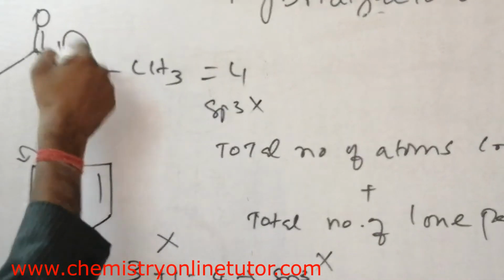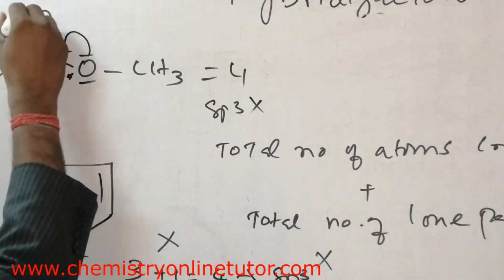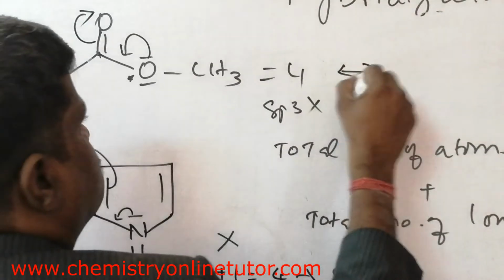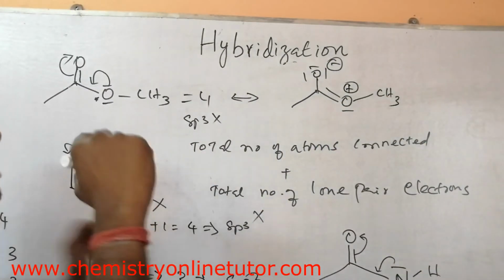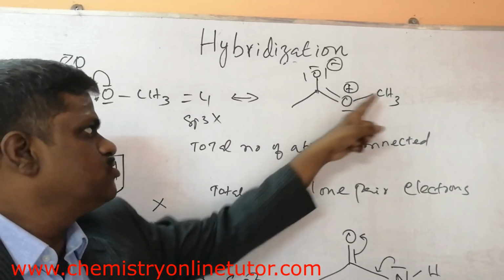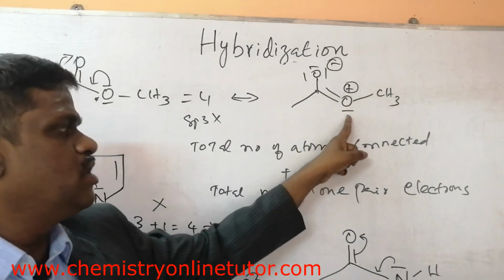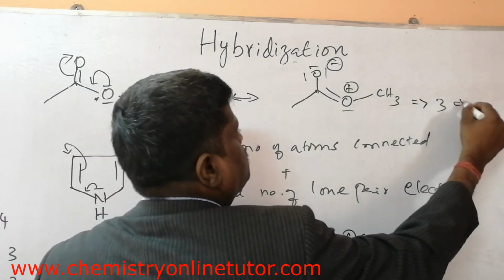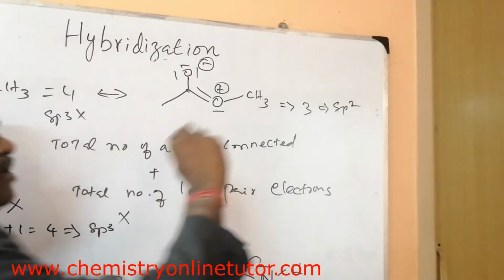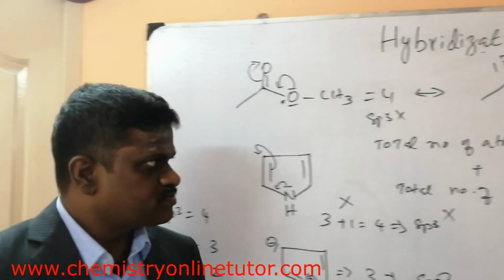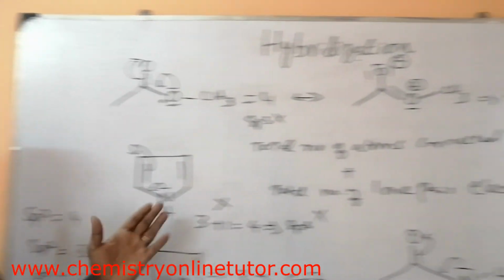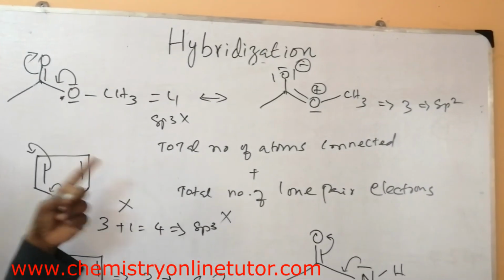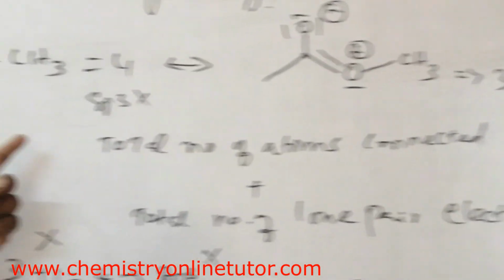This lone pair electron is involved in the conjugation, so you will get it like this. Now you count it. Total 2 atoms connected and 1 lone pair, so you will get 3. That means it is an sp2 hybridization. So please remember, whenever the lone pair electron is in the conjugation, you have to check it carefully.